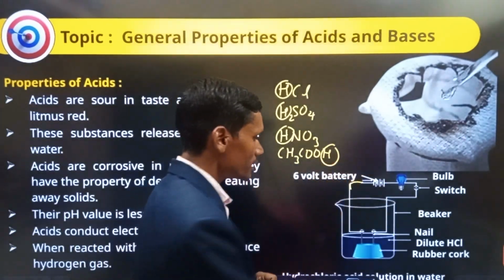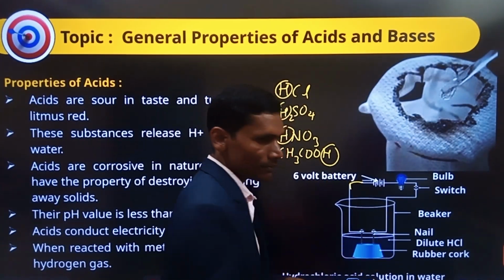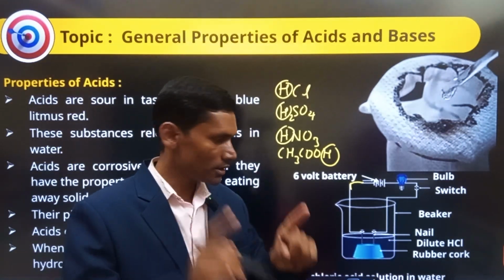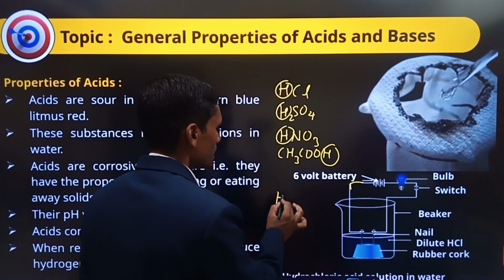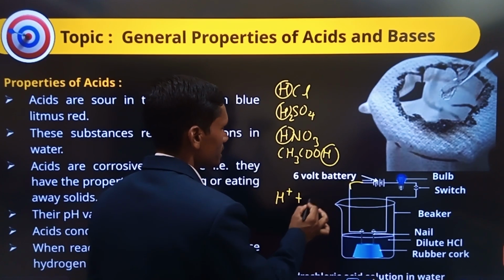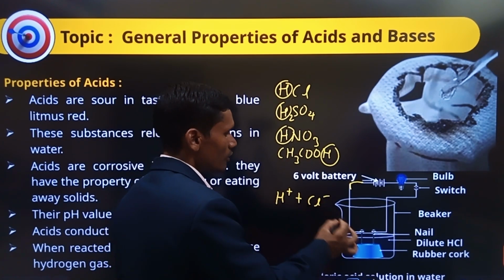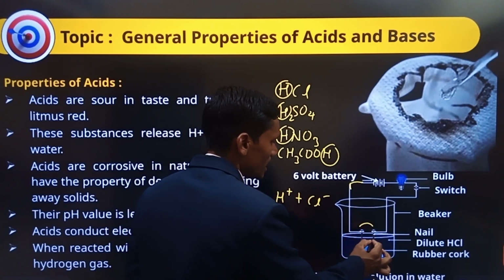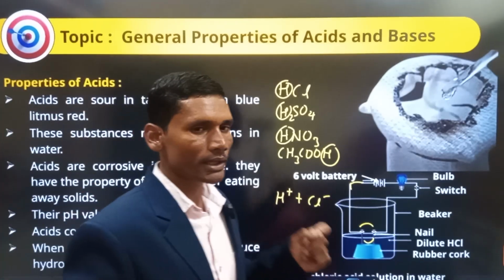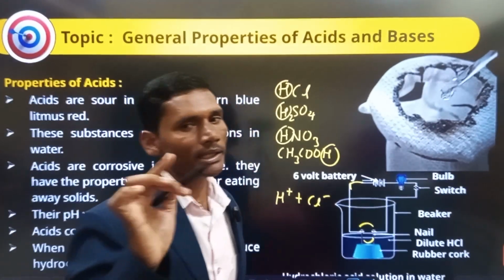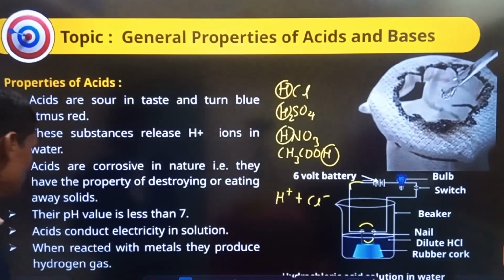How does it glow? There is no direct connection between these two nails. They are separate from each other, but a solution is there. In the solution, HCl gives H+ and Cl- ions, right? These ions are responsible for carrying electricity from one nail to another. So that is why acids conduct electricity in solution, right?